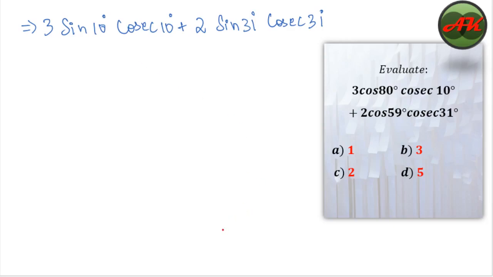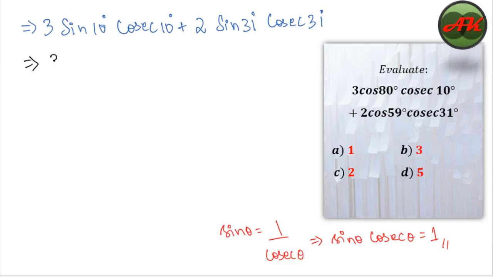Now we know already that sin theta is equal to 1 by cosecant theta, right? I can write this statement as sine theta into cosecant theta is equal to 1. So I am substituting this sine theta and cosecant theta is equal to 1 in the given statement here.